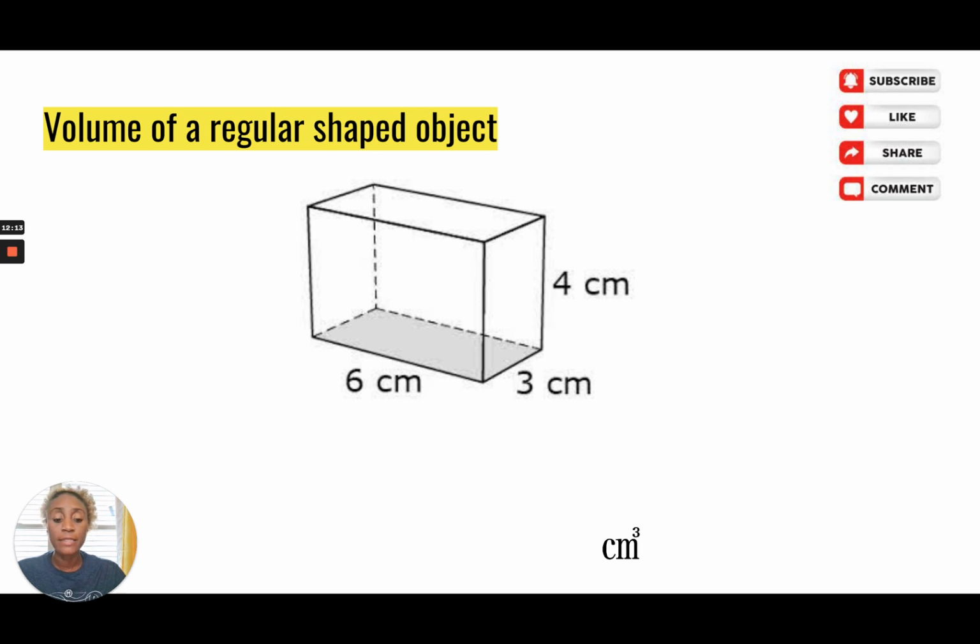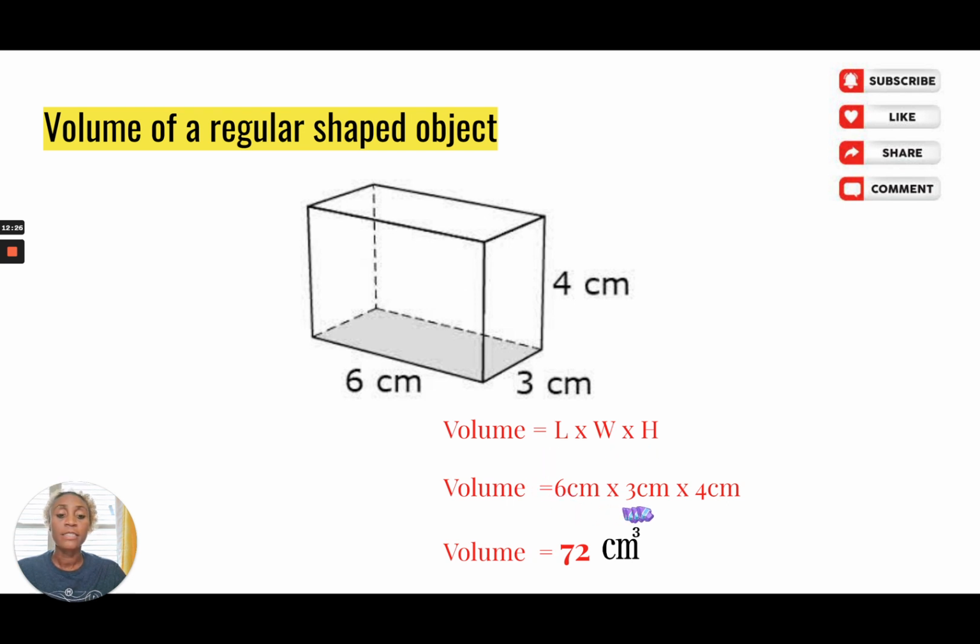Right? And let us look at that. So we have the length times the width times the height. In this case, it's 6 centimeters times 3 centimeters times 4 centimeters. If you calculate 6 times 3 times 4, you should get an answer of 72 centimeters cubed.